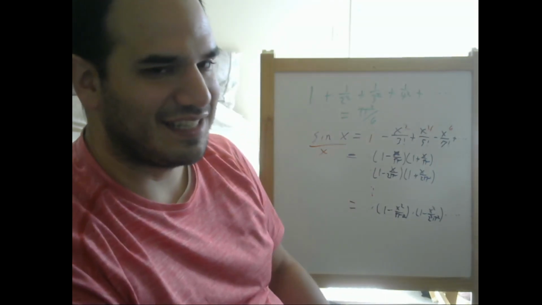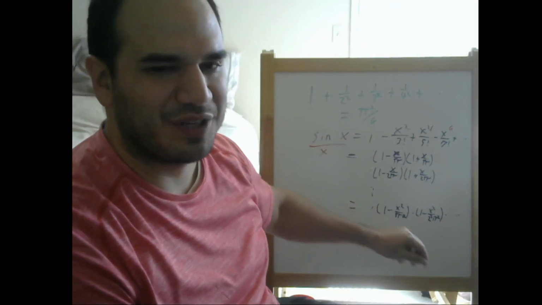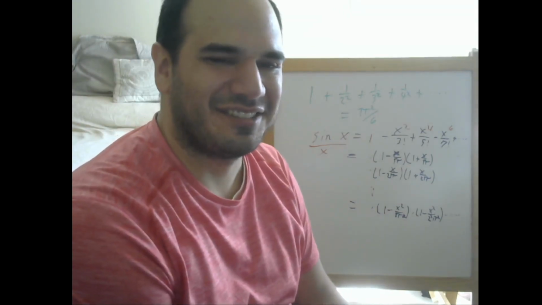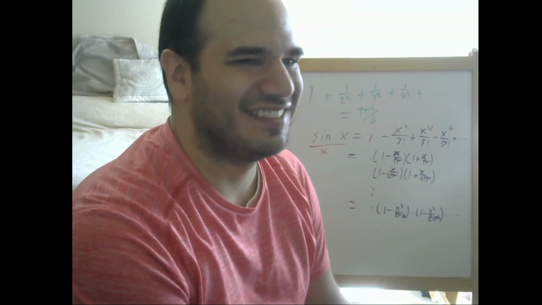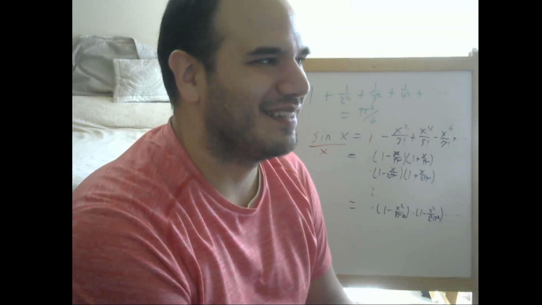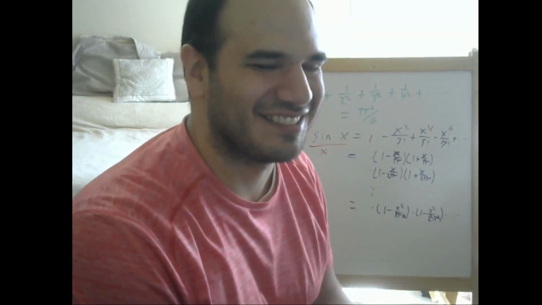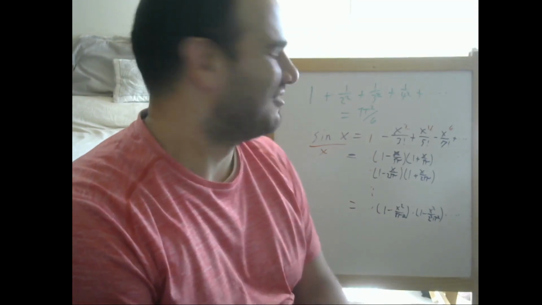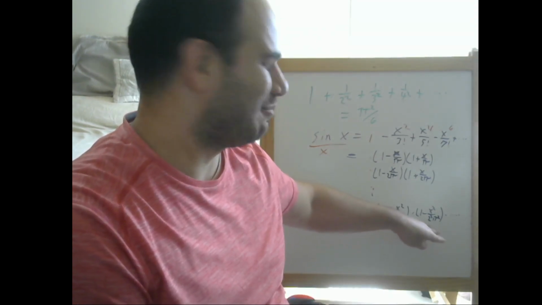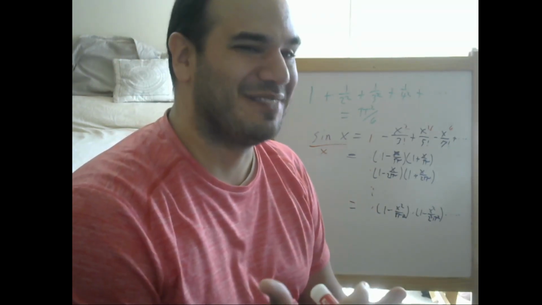Okay, so it's looking a little bit better, and we can kind of see that over here 3 factorial is 6, and there's a pi squared over here, but I'm not exactly sure where to go from here. And I think it was a really clever solution just in general. But I think probably the boldest step here was to take this infinite product, this product of infinite terms, and multiply it out.